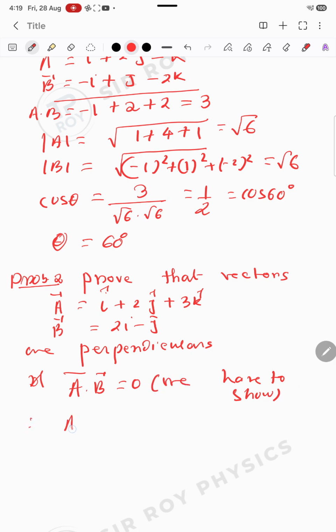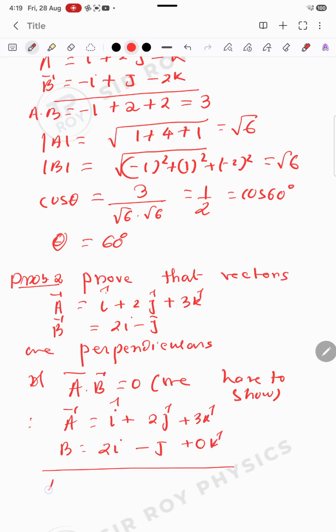That means A equals i plus 2j plus 3k, B equals 2i minus j plus 0k. If you take the dot product, A dot B equals 2 minus 2 plus 0, that is equal to 0.